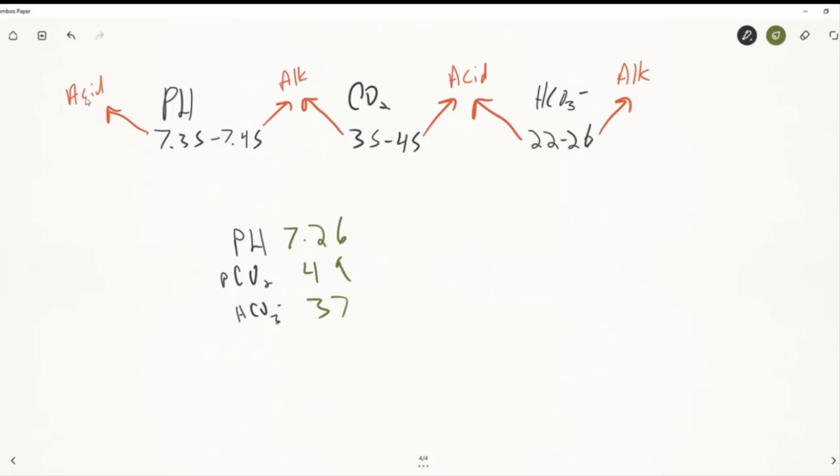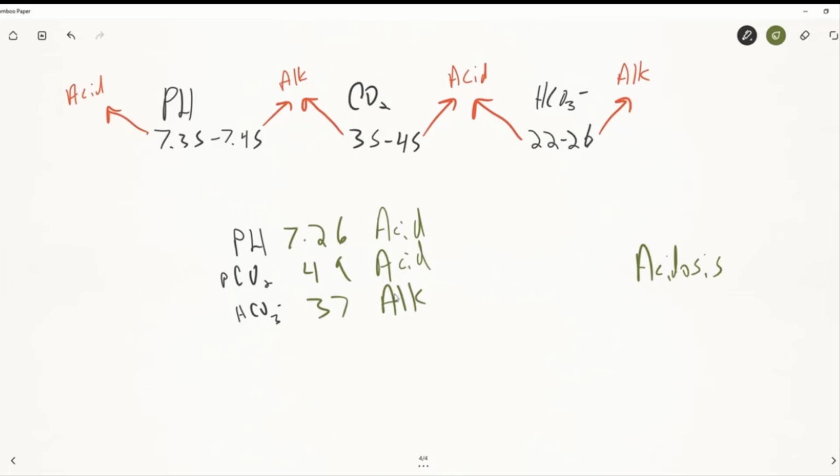That's over here, so that's acid. This person has acidosis. PCO2 49. That's acidic. Bicarb 37. That's alkaline. So let's see, what does this mean?